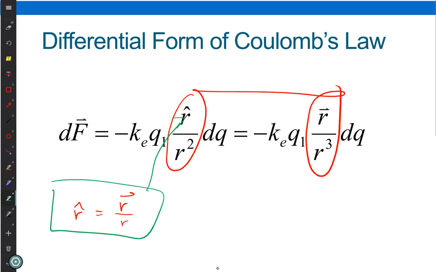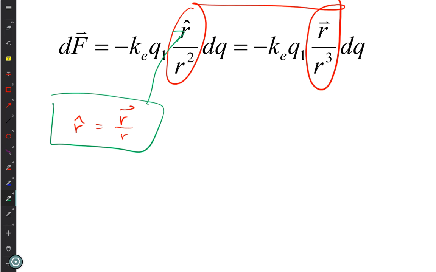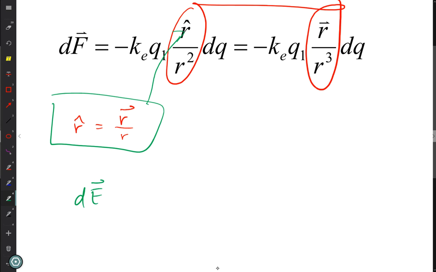Now these were dFs. So if I want to do dE, all I'm going to do is get rid of the q1s. So I'd have that, right?